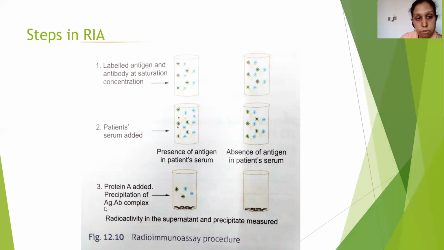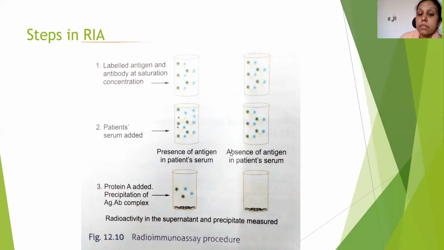Now let's see what's happening. The labeled antigen and antibody in saturated concentration are added. Now we add the patient serum. If the antigen is present in the patient serum, after adding protein A, a precipitation of antigen antibody complex will be formed.